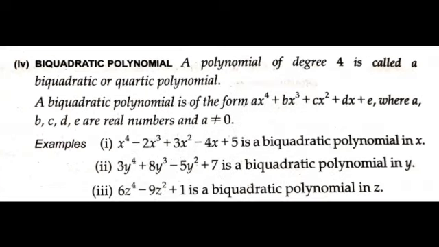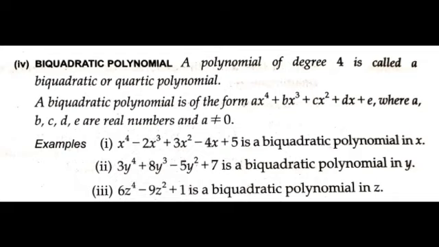Next, I have biquadratic polynomial. A polynomial of degree 4 is called a biquadratic polynomial. A biquadratic polynomial is of the form f(x) = ax⁴ + bx³ + cx² + dx + e, where a, b, c, d and e are real numbers and a should not be equal to 0.